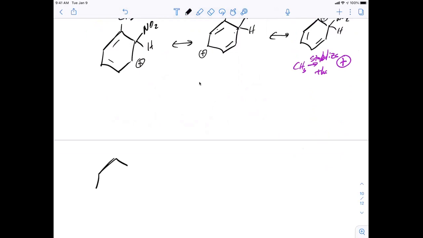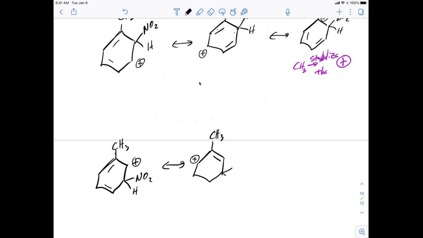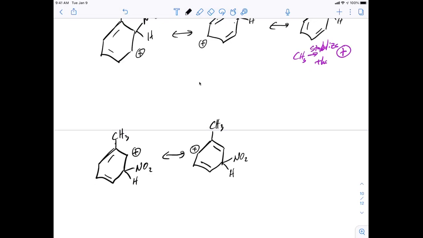If we then look at the meta, so now we're adding the nitro to the meta. Then when I show my delocalization, I can get it here, in the ortho position to the methyl, and I potentially could get it to the para position.